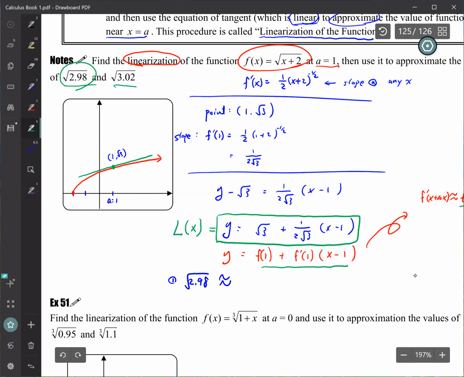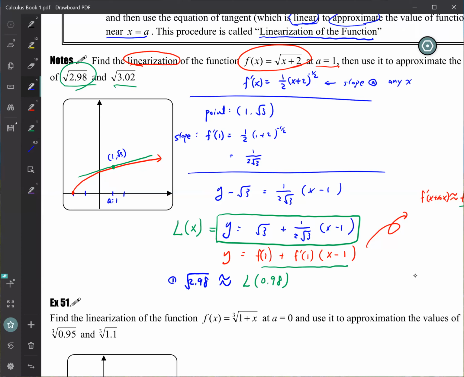L stands for linearized, which you can think of as the equation of the tangent line. So square root of 2.98 will be close to L of 0.98. Does that make sense?